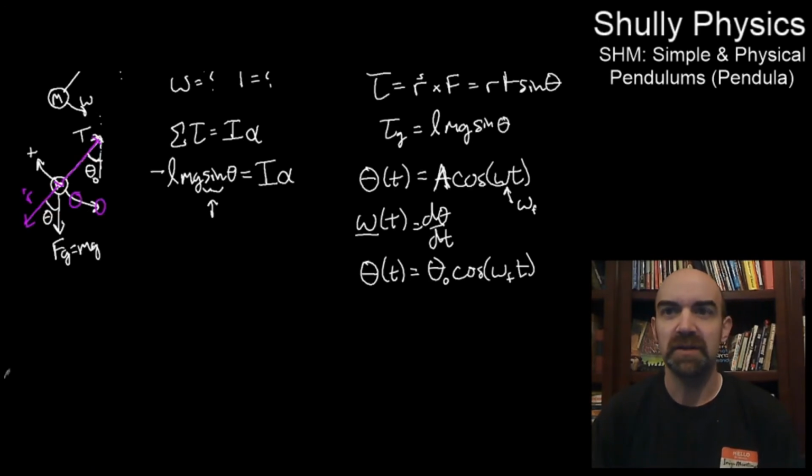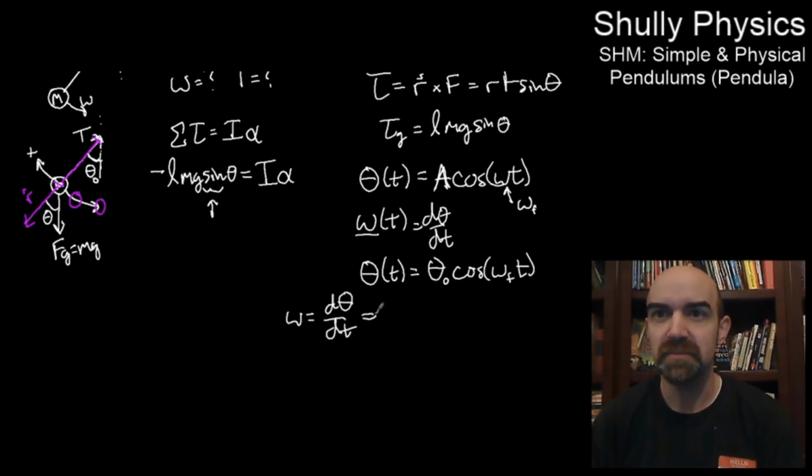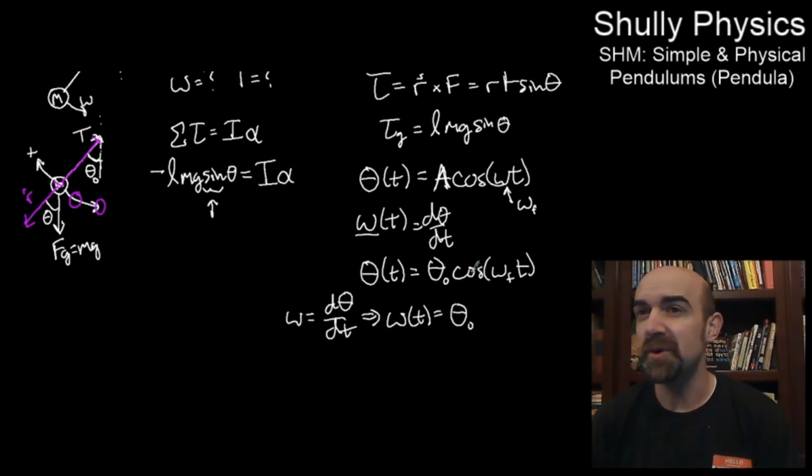And now if we take note that omega, the angular velocity of the system, equals d theta dt, that means we're going to have an angular velocity as a function of time equal to an initial theta, and the derivative of cosine is negative sine. So we're going to have a negative sine omega f t.